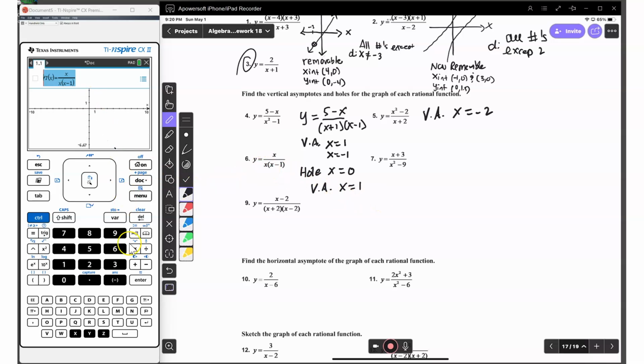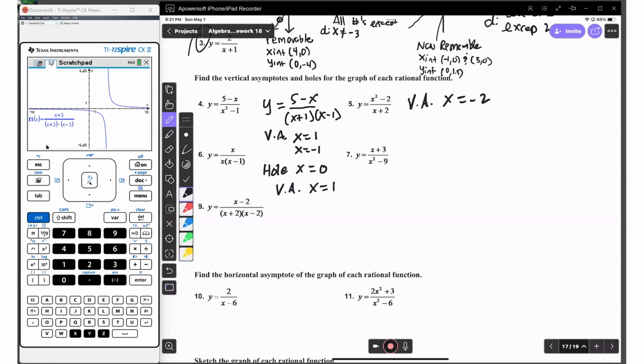Unfortunately, I wasn't able to graph it. But remember what I said, if x divided by x will cancel, that's going to be your hole. And then, of course, you have 1 over x minus 1. So the vertical asymptote is going to be at x equals 1.